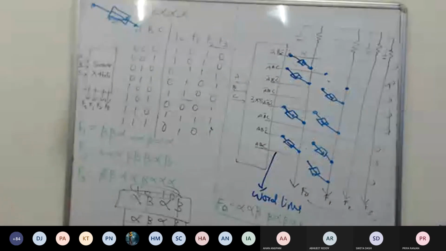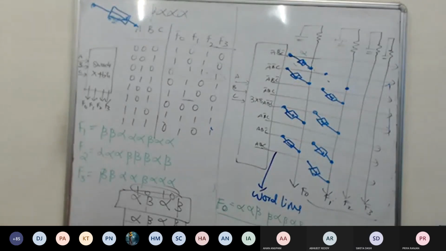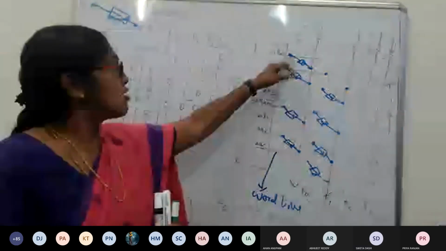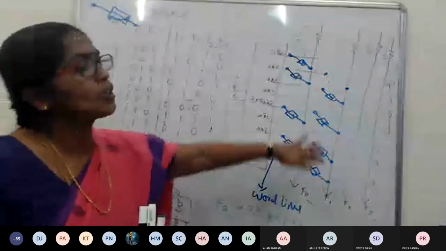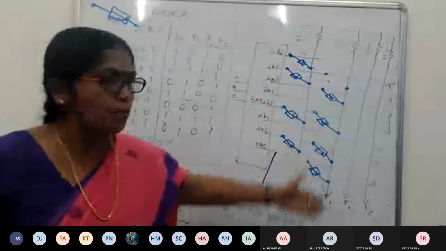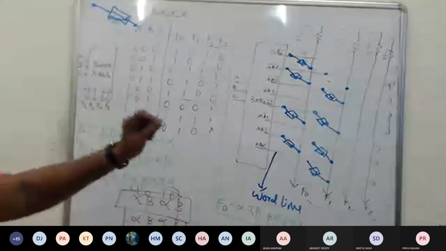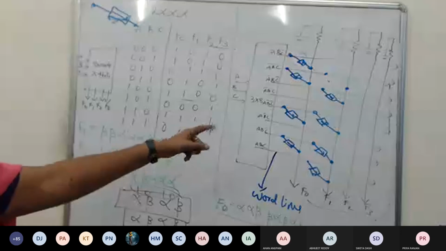Like EPROM is there, EEPROM is there. You heard of this one? EPROM, erasable programmable ROM. If this mesh is there, and I can remove all these switches and reuse this mesh to input any other thing, then it is erasable. But how will you erase? I can't take an eraser and do that. I have to use laser technology to throw out the switches.